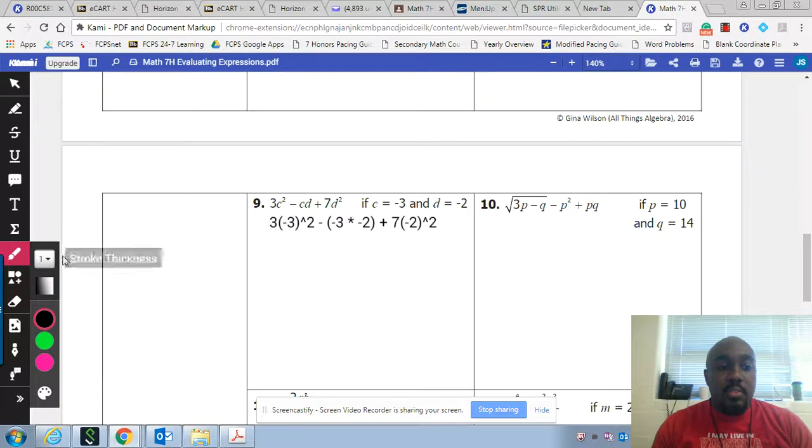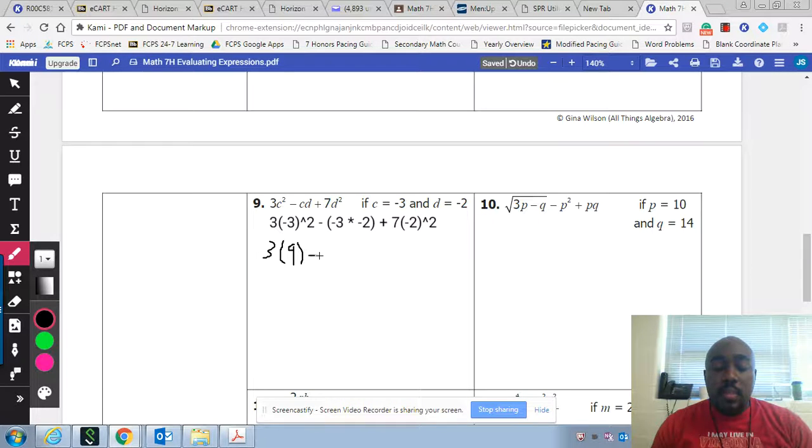Let me use the pen for this one. So now we end up with 3 times 3 squared. Well, let's go ahead and do -3 squared. -3 squared means -3 times -3, and a -3 times -3 equals 9.